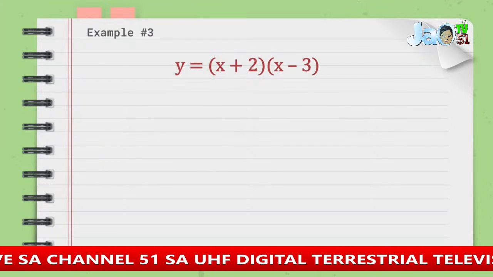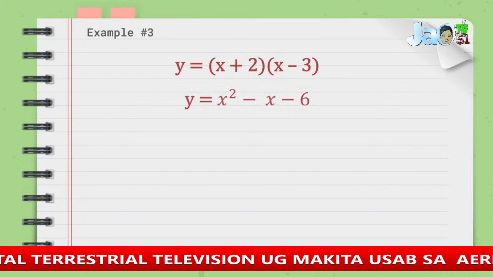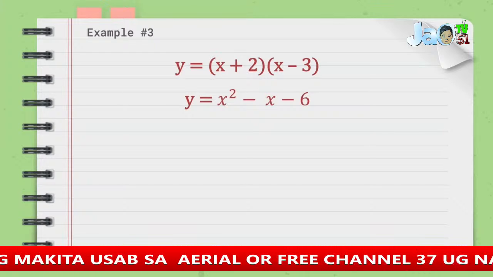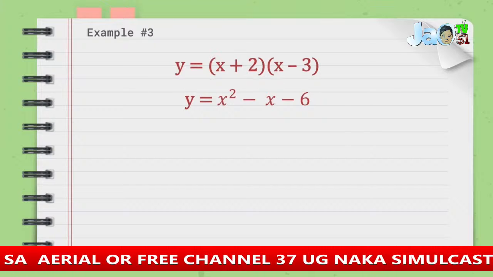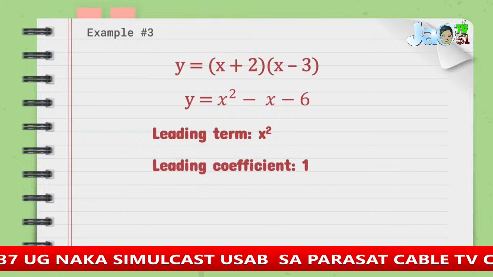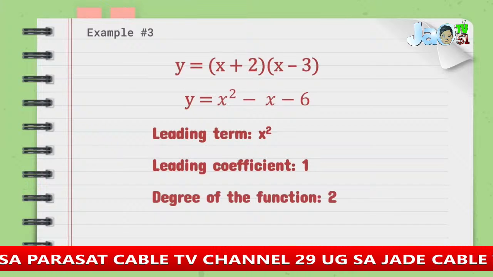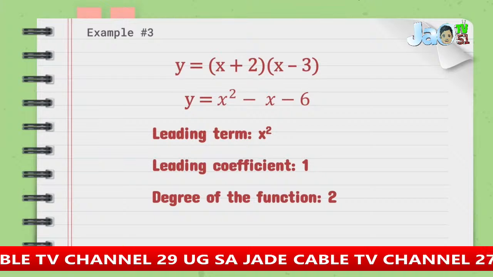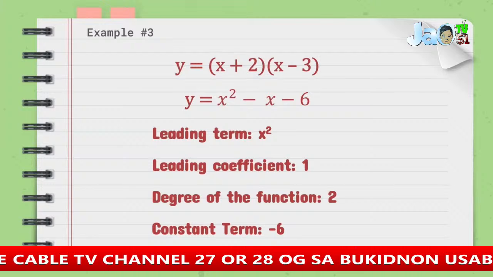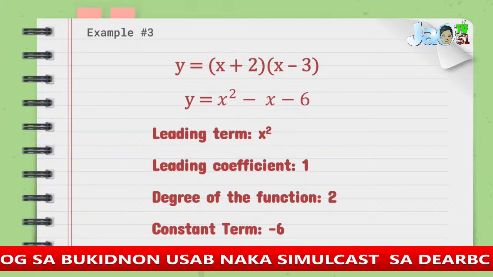By multiplying the two binomials, we have the function y equals x squared minus x minus 6. The leading term is x squared. 1 is the leading coefficient. 2 is the degree of the function. And negative 6 is the constant term. Since the degree of the function is 2, this is a quadratic polynomial function.